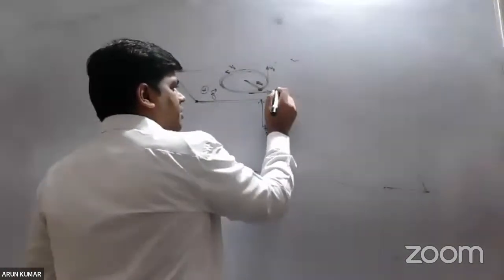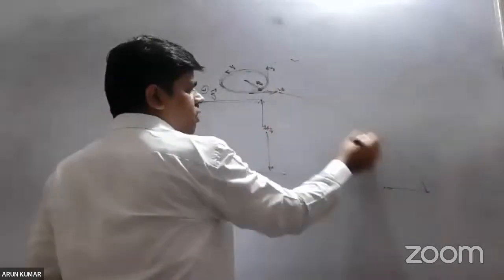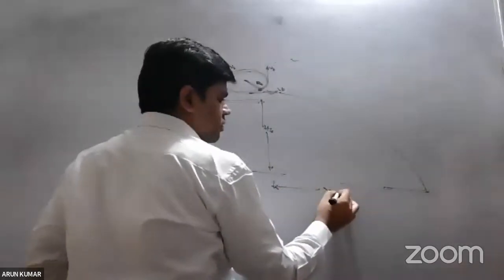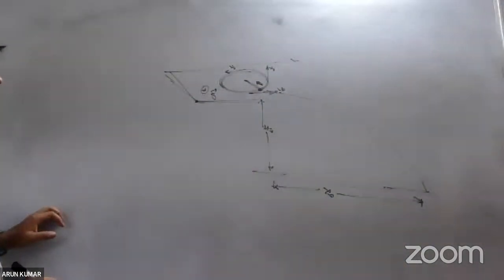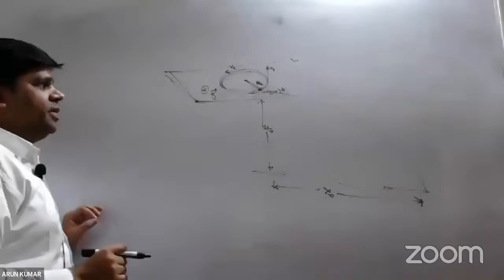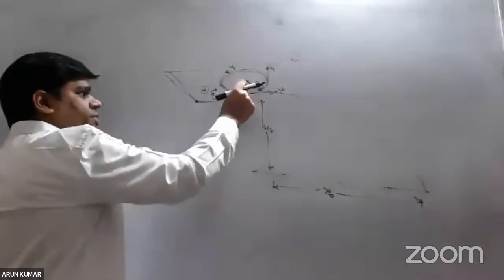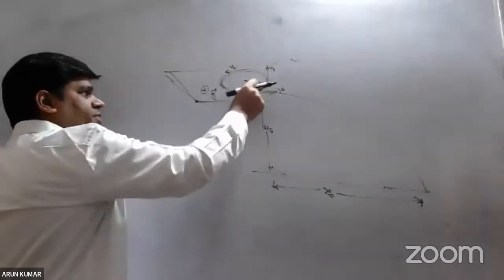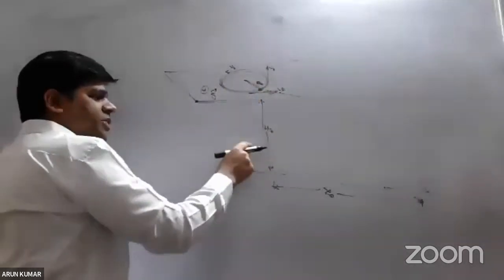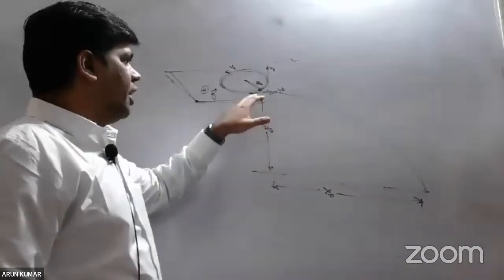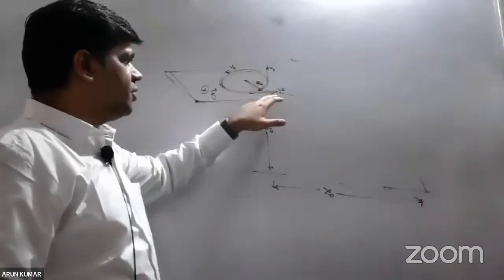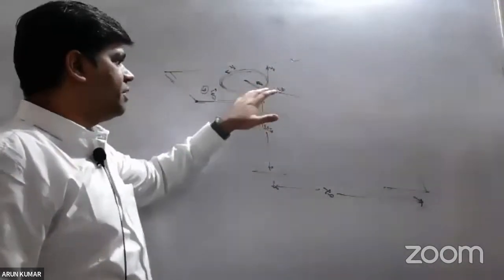So it will get launched with velocity v naught and it will fall off at a distance of, let's say, x naught. Required to find the centripetal acceleration of this particle when it's rotating in this circle, given h naught and x naught. X naught is given, h naught is given. I have to find the centripetal acceleration. V naught is not given.